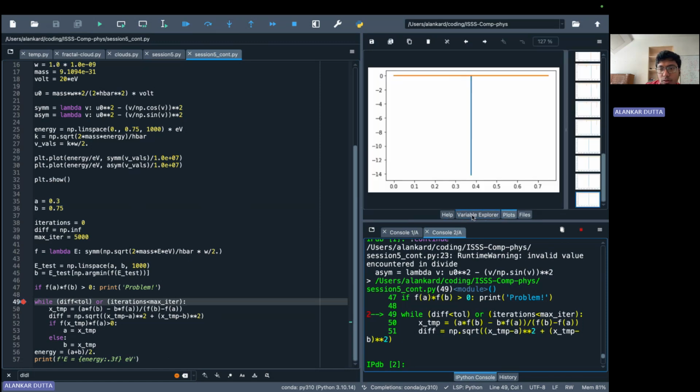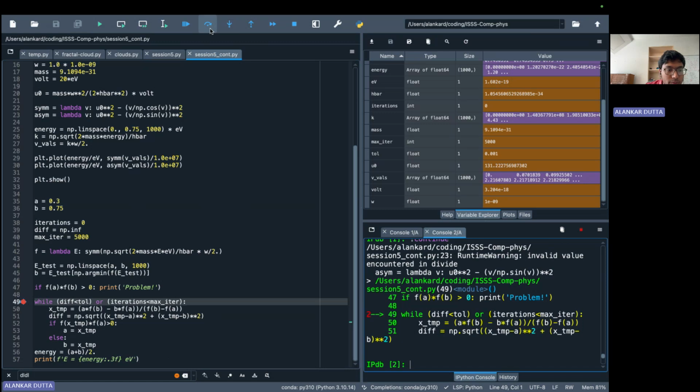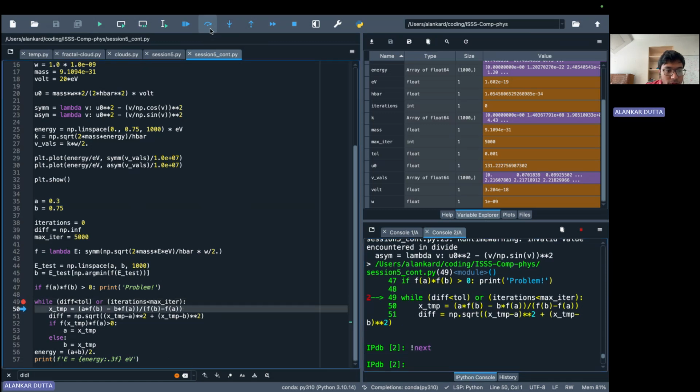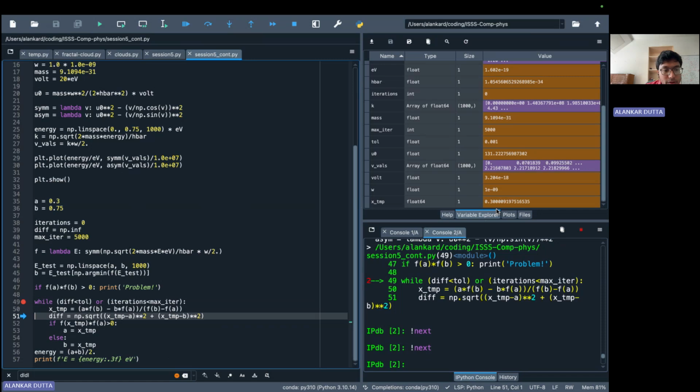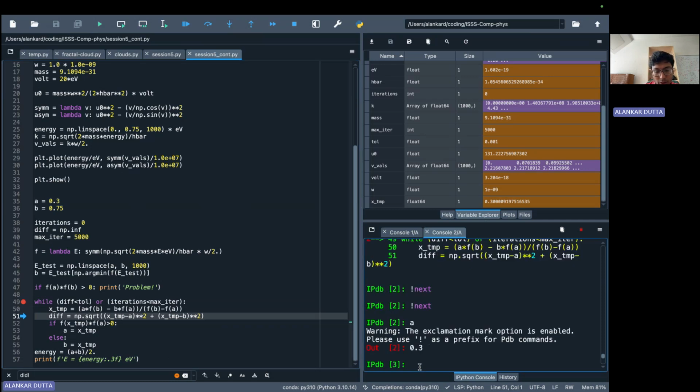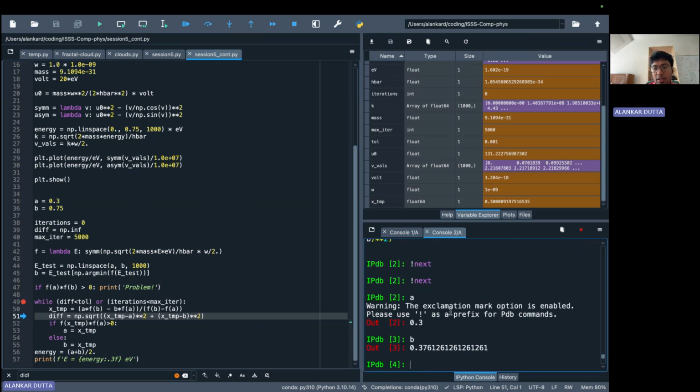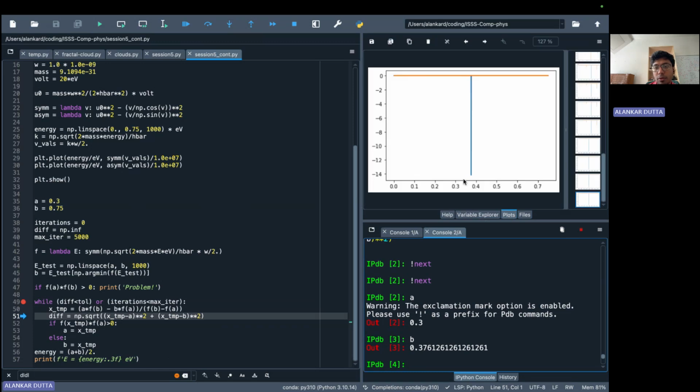Plots, we have obviously this plot, and we try to go in. So we come in here. Let's see, we have XGMP and difference. So let's see what we get for XGMP, which is 0.3, which is just using the two values, right? So let's see what we have for A. So we have 0.3 for A, and we have 0.37 for B. We know that the root somewhere lies in here.